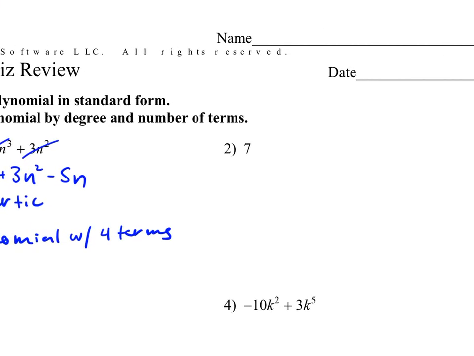All right, number 2. We only have 1 term, so it's already in standard form. How do we classify this by the degree? Constant. Awesome, constant. And how many terms do we have? 1 term, so it's a monomial.